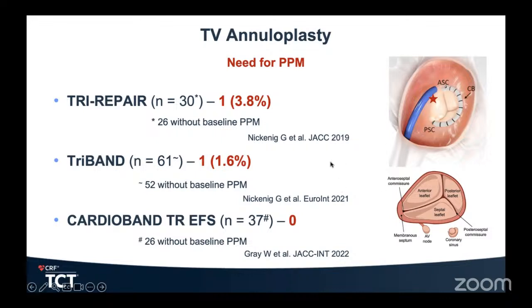And here you can see some studies which indeed show a very low risk of necessitating a permanent pacemaker: 3.8% in TriRepair, TriBand. Out of 52 patients without baseline pacemaker, only one necessitated one within 30 days. And in the early feasibility study done in the United States with the CardioBand device, which is the one you see here in the figure, none of the 26 patients without a pacemaker necessitated a permanent pacemaker at 30 days.